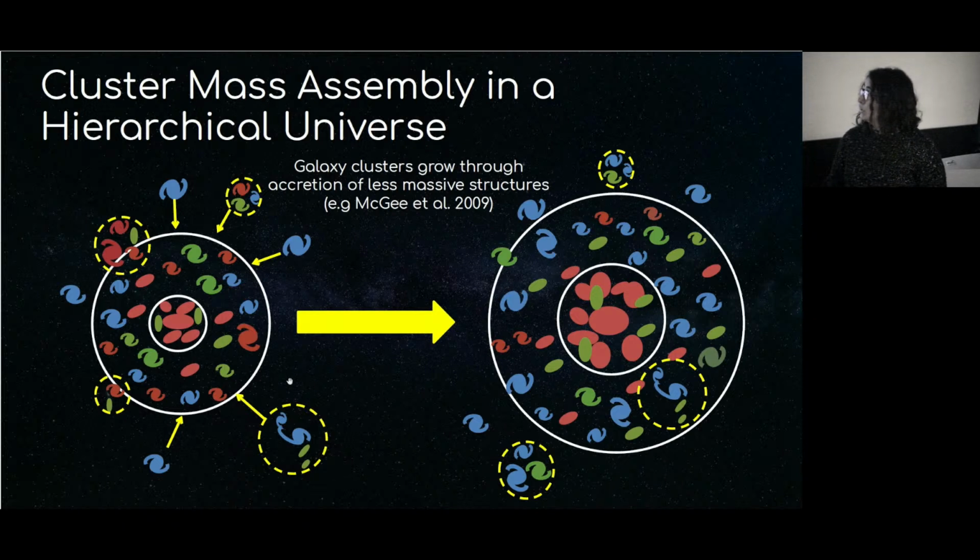Clusters grow through continuous mergers of less massive structures like galaxy groups, galaxies falling directly from the field, mergers between other clusters, or mergers between filaments, for example. And it is very interesting to study the properties of galaxies in these regions.